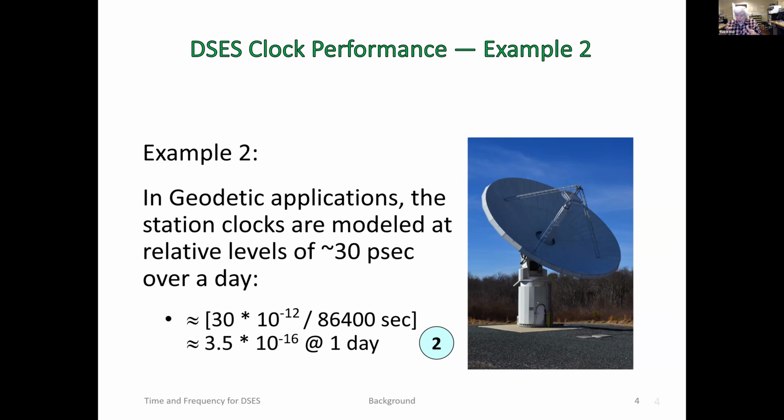So the VLBI and VGOS systems are used for two different things. Radio astronomy is one of them, but geodesy is the other, which is 1/over radio astronomy. What do I mean by that?